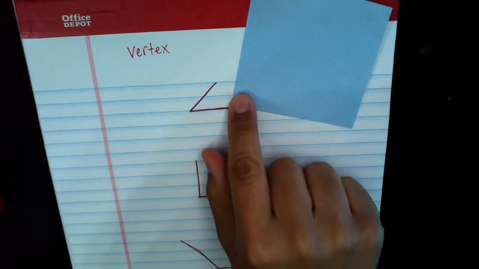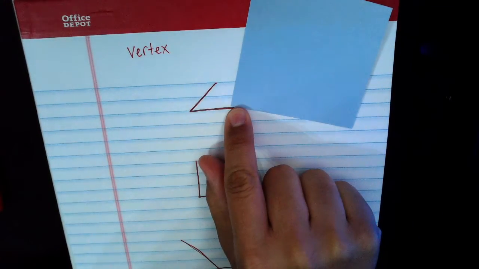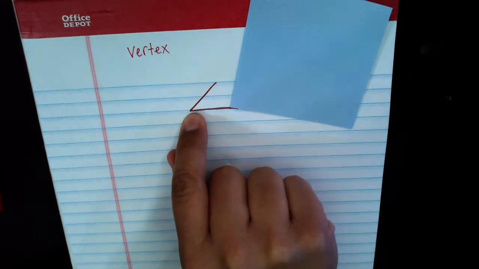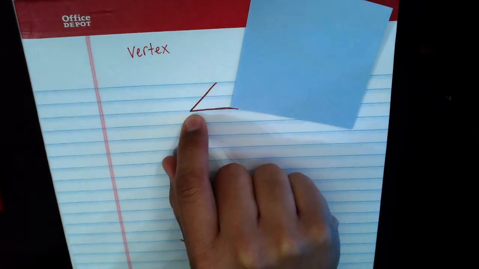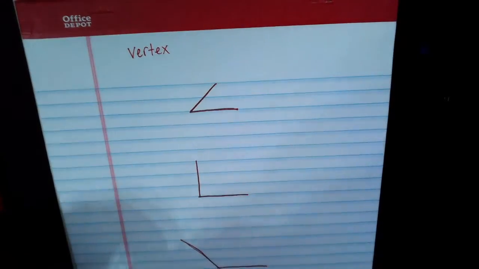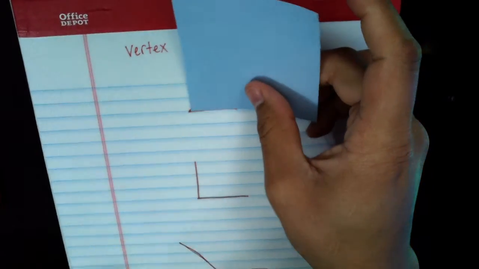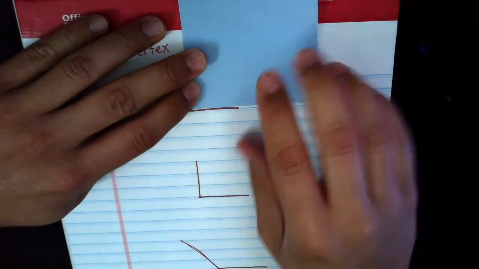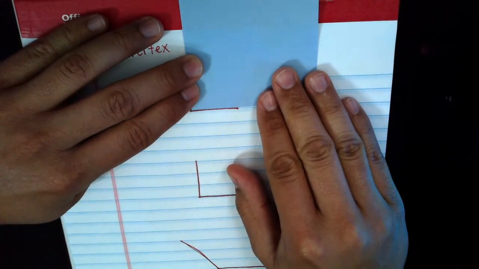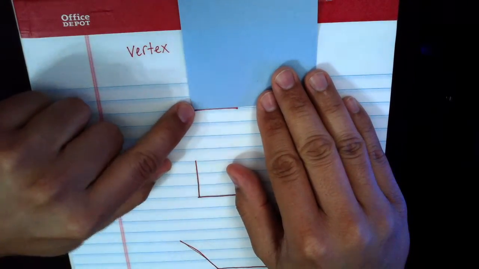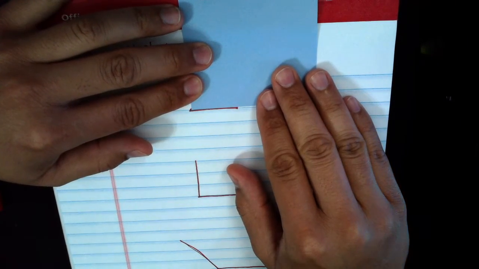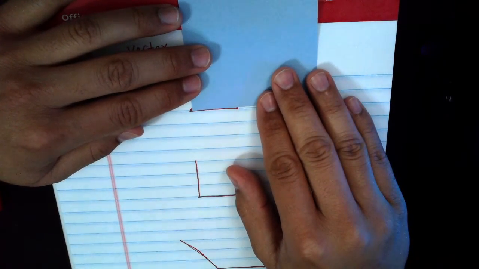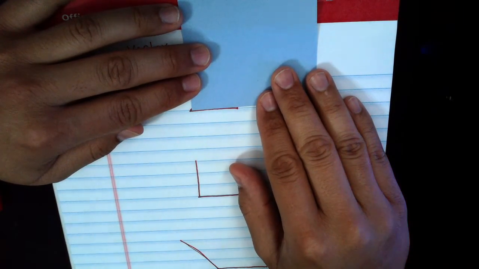But I'm going to take the corner or the vertex of my sticky note, and I'm going to put it into the corner or the vertex of my acute angle. Okay? And I'm going to make sure that when I put the corner here, I line up my sticky note as best as I can. I want it to try to fit.